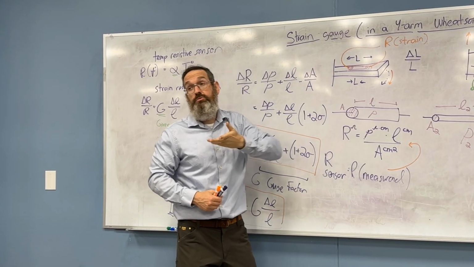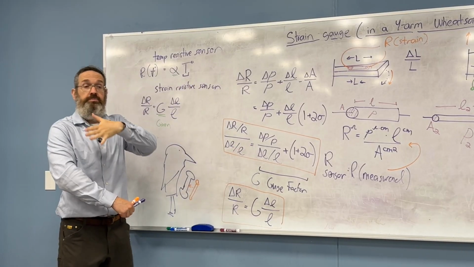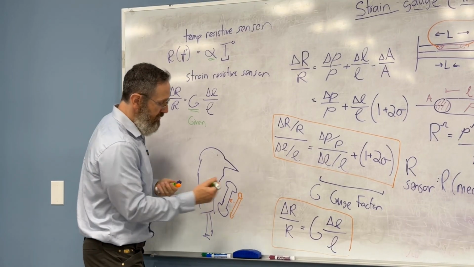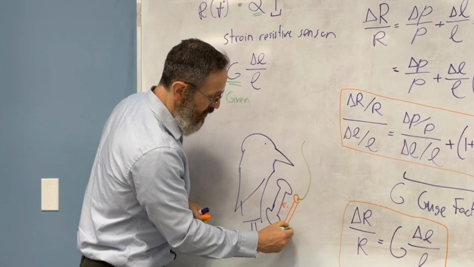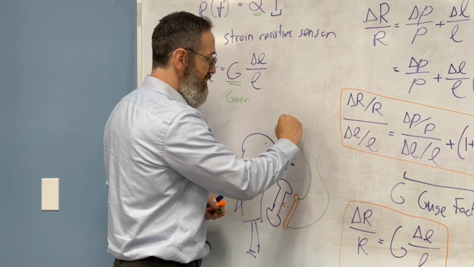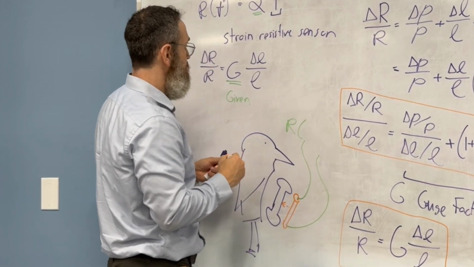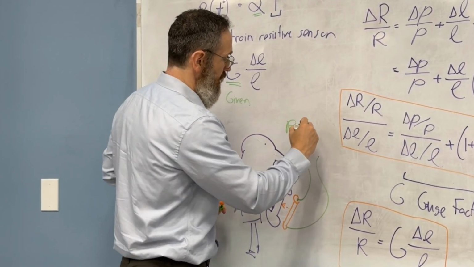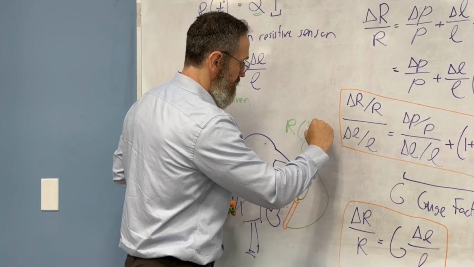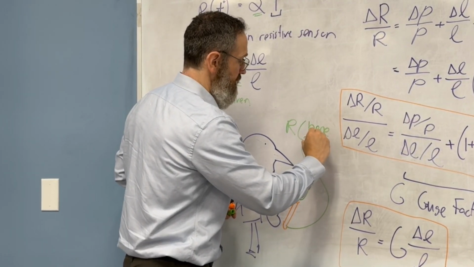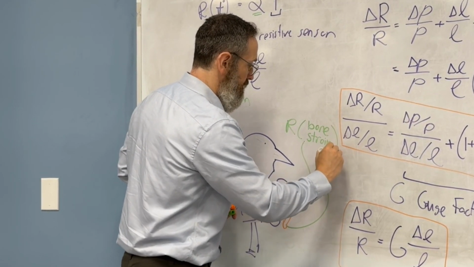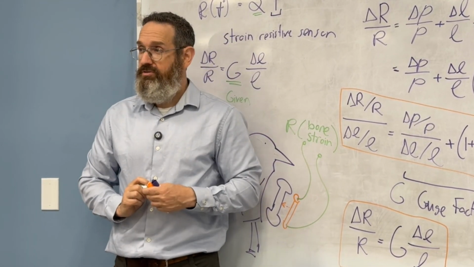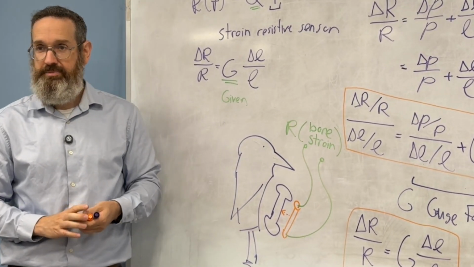And so you would have to do a little operation on this chicken, implant the strain gauge, seal it up, and have two wires running out of the chicken, and here you have a resistance that is a function of the bone strain. Okay. So far, so good for this hypothetical example, right?